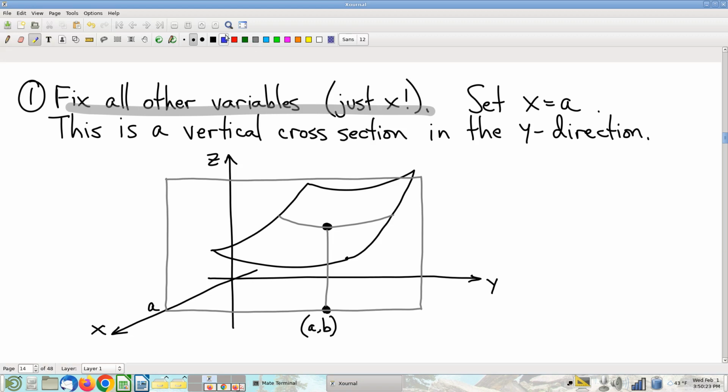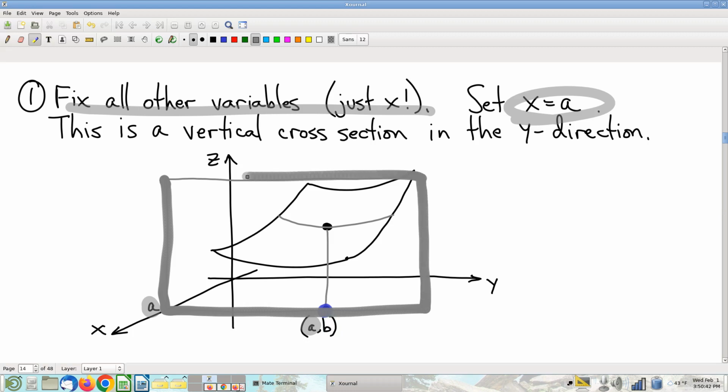Reminder, we are doing this at the point (a, b), where x is equal to a. So if I'm going to set x equal to a constant, and it's already a, then I pretty much have to set x equal to a specifically. And that means effectively I'm writing down this plane, x equals a. Is that cool?